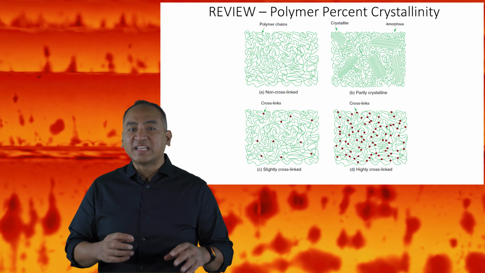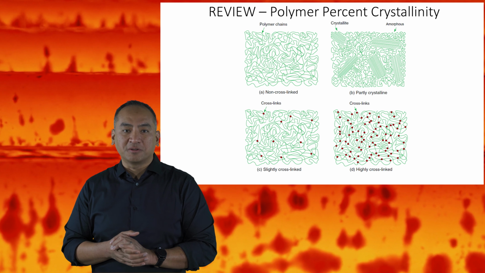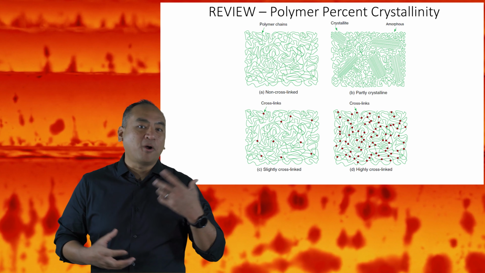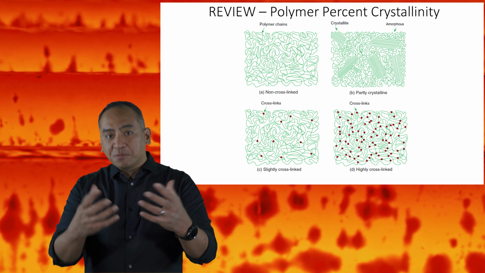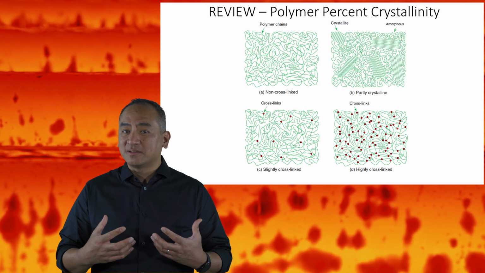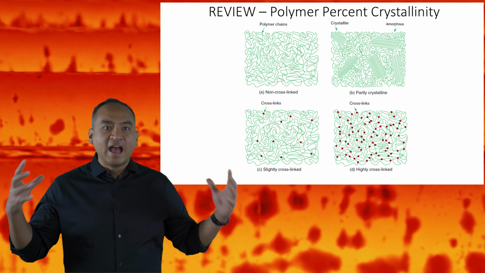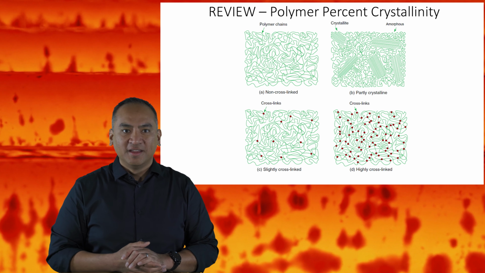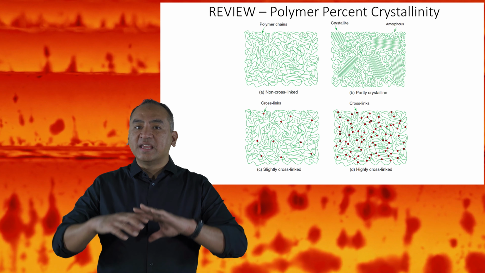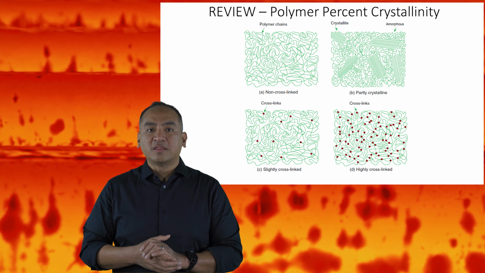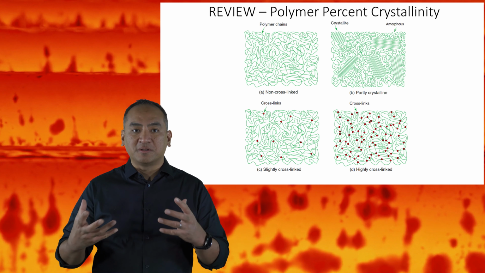Some polymers can have a highly amorphous structure, while others can be partly crystalline. Other polymers can be slightly cross-linked, while others have a high degree of cross-linking. These structures result in a significantly lower thermal conductivity in polymers.